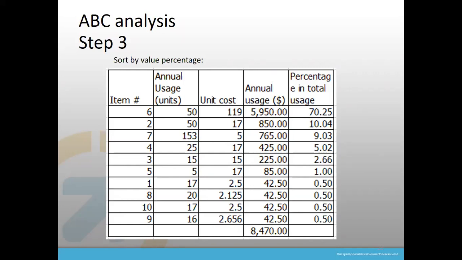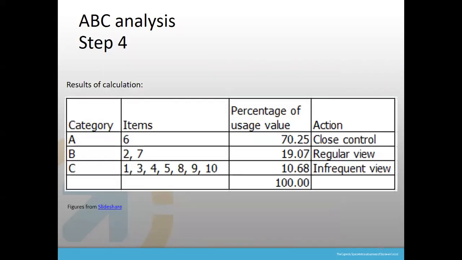So what we did in this step is we only sorted them by value, from the highest to the lowest. And now we make our ABC analysis. Category A is now our item number 6. 70.25% of our inventory value is with item number 6.